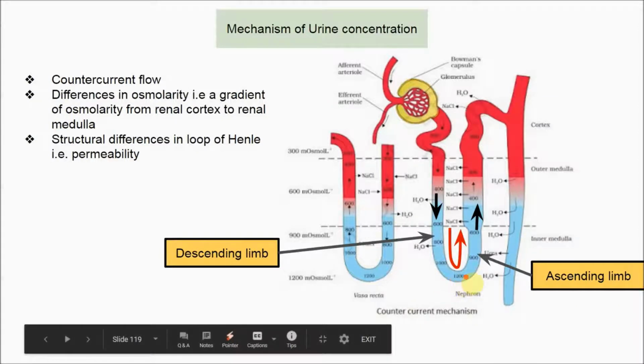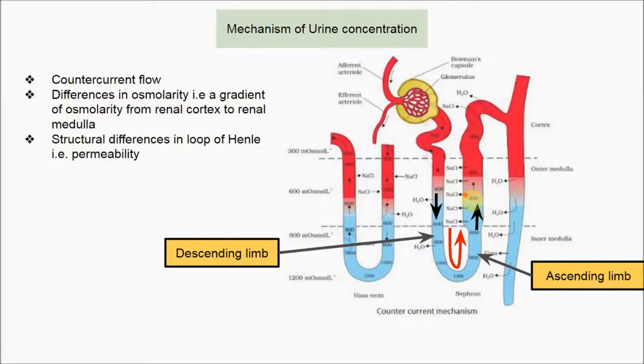Now the same hypertonic filtrate starts its journey from the medulla towards the cortex. As the fluid moves from the inner part of the medulla towards the cortex, this part is more permeable to salts and solutes such as sodium and chlorine.